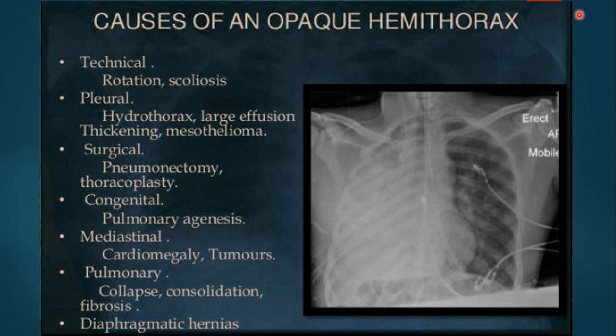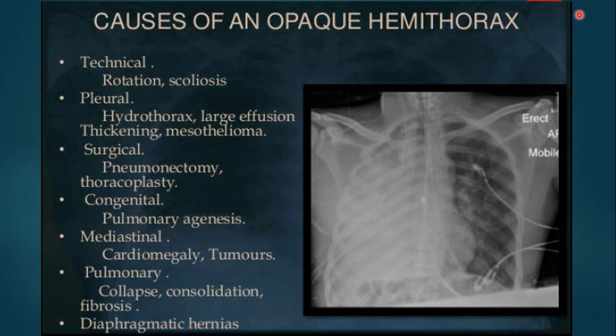There are some pleural causes of opaque hemithorax, like hydrothorax, I mean pleural effusion. Large effusions, of course, should be large to cause complete opacification of the hemithorax. Sometimes pleural tumors like mesothelioma can cause that. There are surgical causes of an opaque hemithorax like pneumonectomy or thoracoplasty.